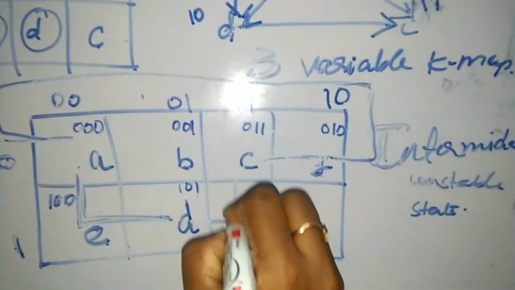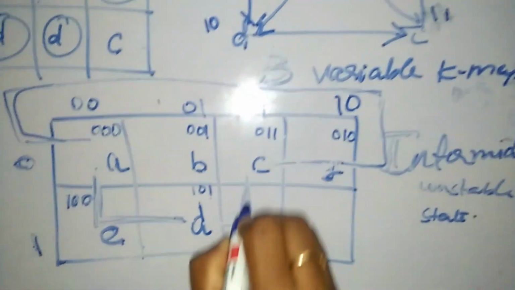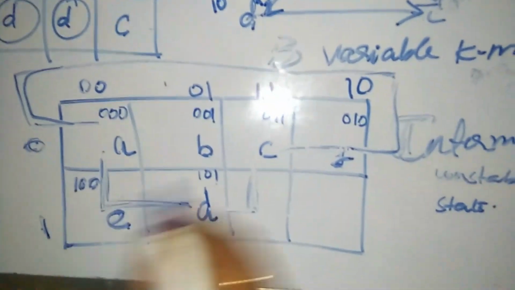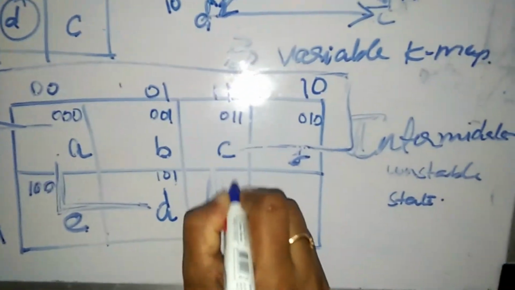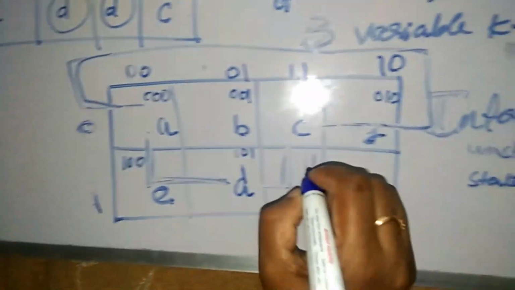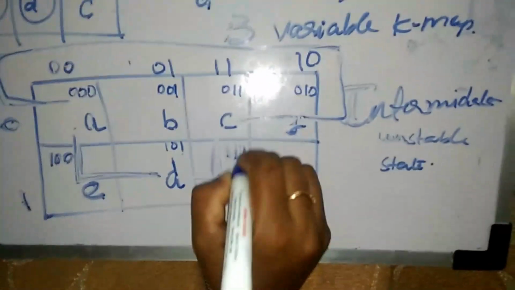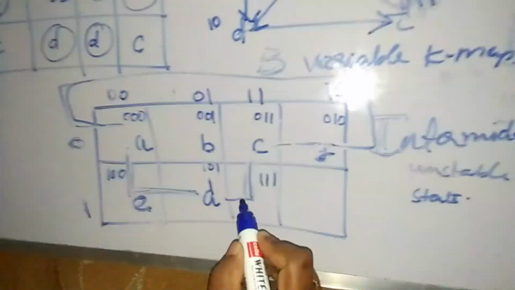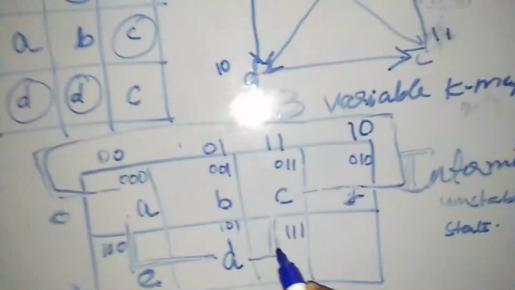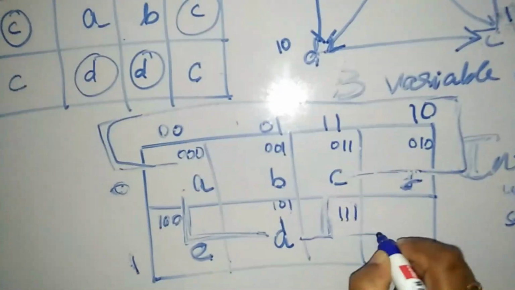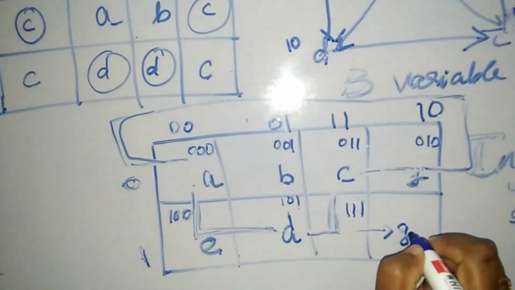From D to C, it is coming through this intermediate state, which has the value 1, 1, 1. Let me assign this intermediate unstable state as G. State G.